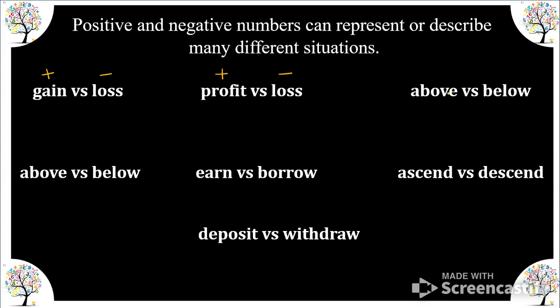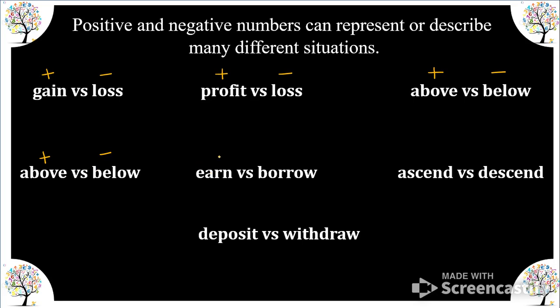Above and below sea level, as we just spoke about, above sea level is a positive integer, and below is a negative value. Or again, like the thermometer, above and below 0. Above, as the temperature rises, we think of positive, and when we say below 0, we think of a negative value.